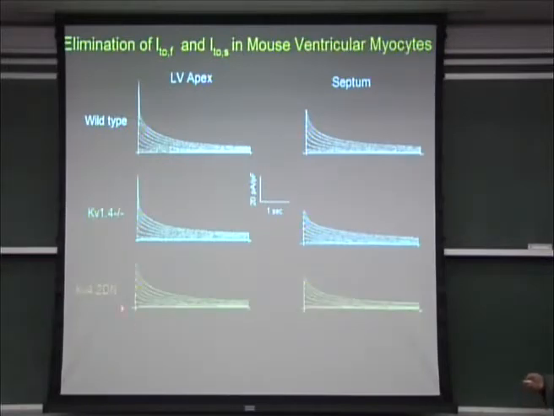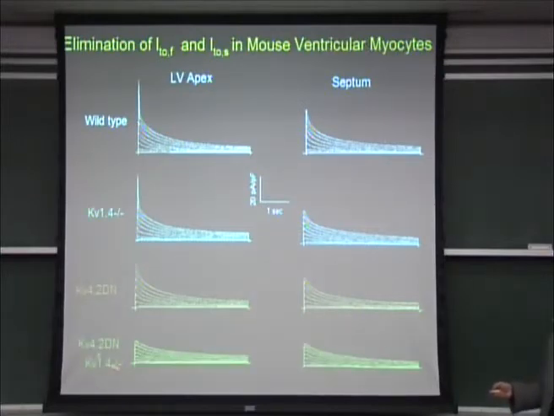And these are the records you saw before from the dominant negative. And now when we express the dominant negative in the 1.4 knockout background, I think you can see now that we completely collapsed the gradient of outward current expression through the ventricle.